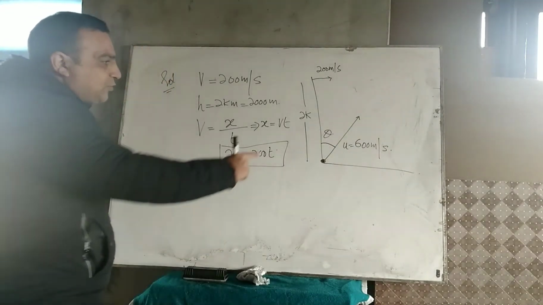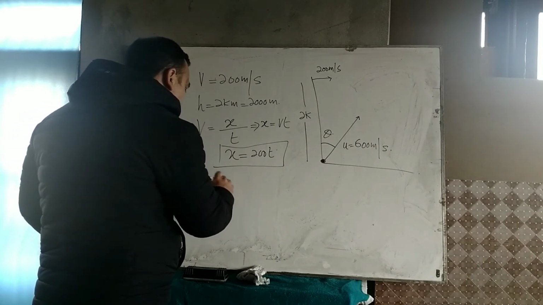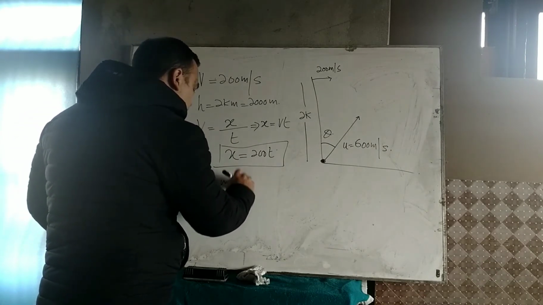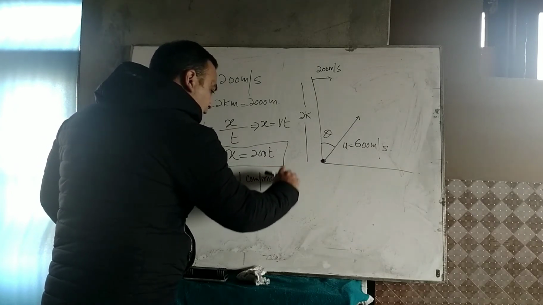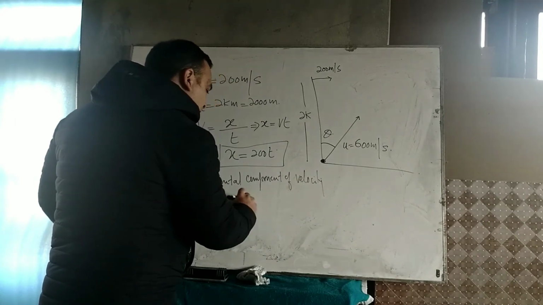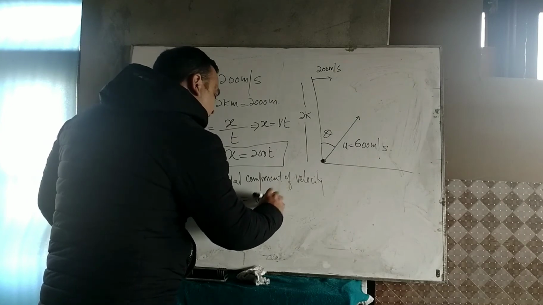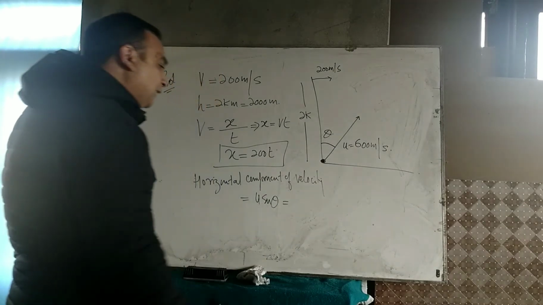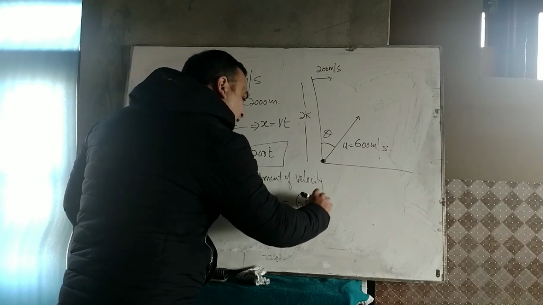What will be the horizontal component of its velocity? Certainly that must be u sine theta. Now how much is u? u is 600 sine theta.